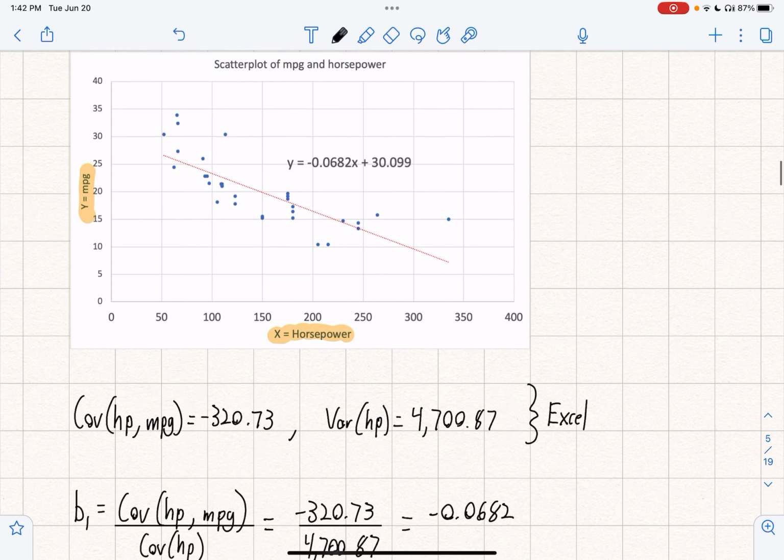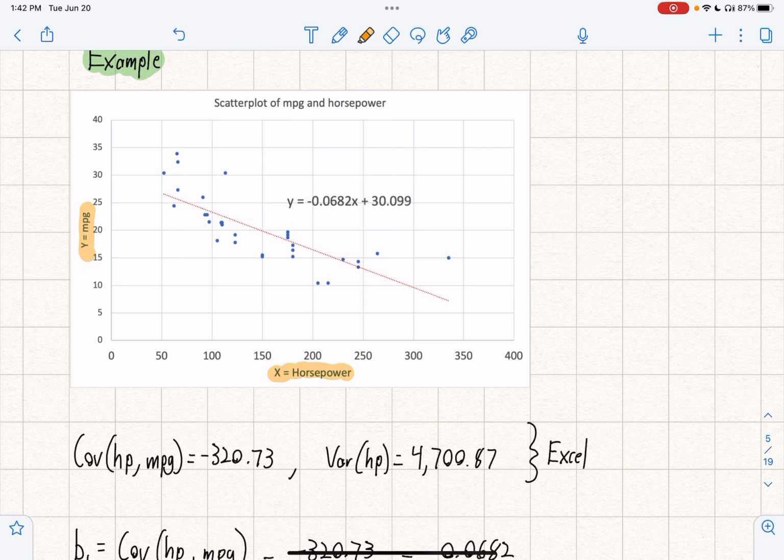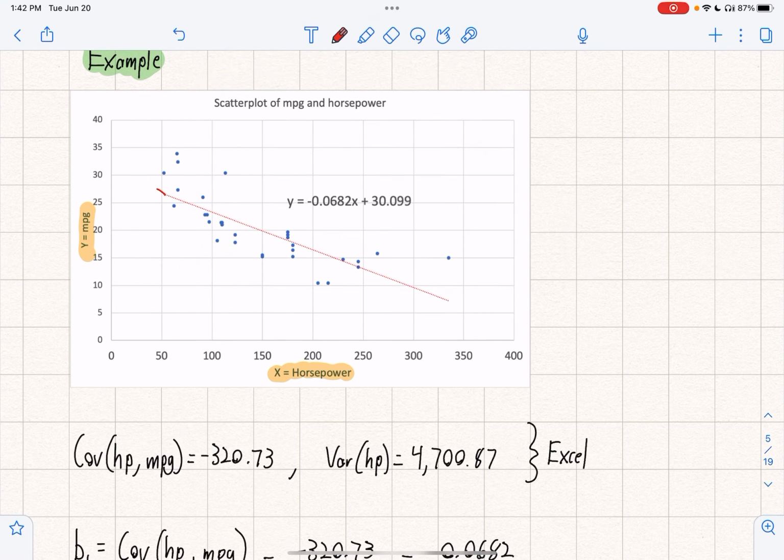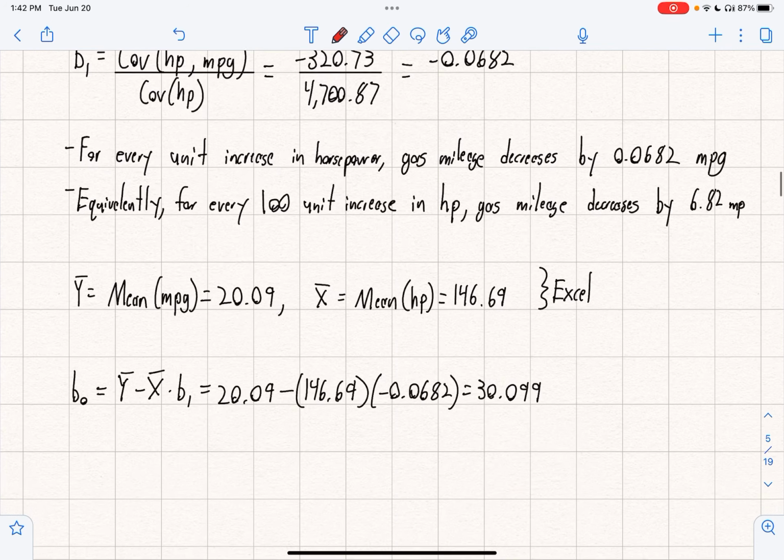So let's just check. Yes, that's the same value we got up here, 30.099. So if you were to extend this line all the way up here, it's falling right about 30.099. So very close to 30. So that makes sense.